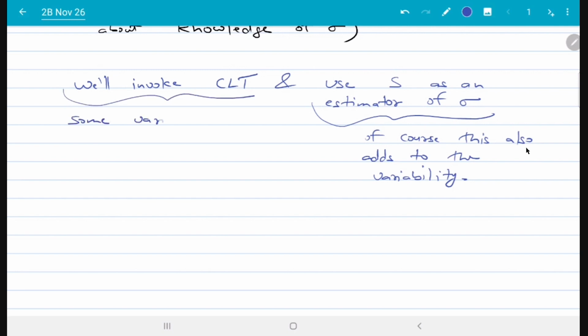And some variability would be there because of approximation. So from 7.1 to 7.2, we will have less precise confidence intervals, if I can put it that way.